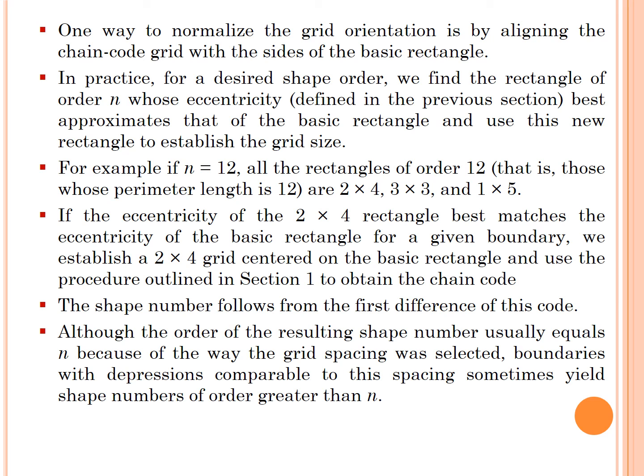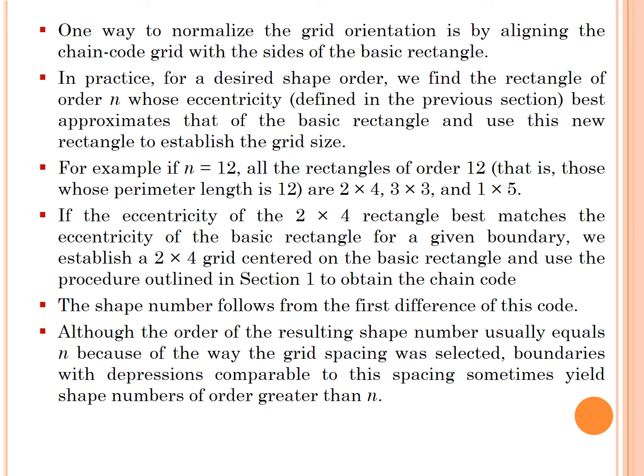If the eccentricity of the 2 by 4 rectangle best matches the eccentricity of the basic rectangle for a given boundary, we establish a 2 by 4 grid centered on the basic rectangle and use the procedure outlined in section 1 to obtain the chain code.